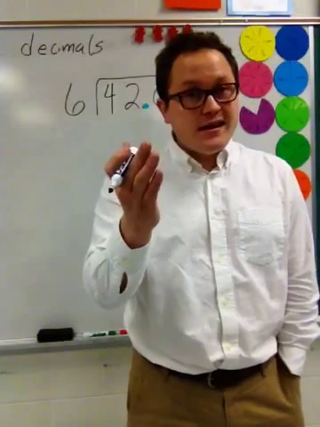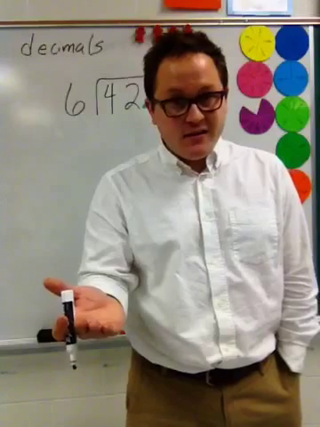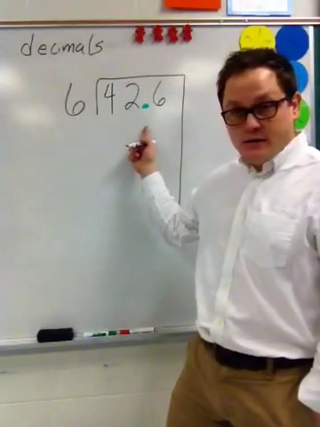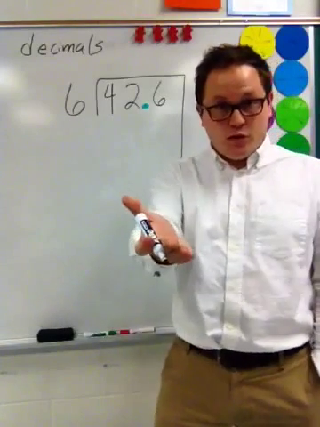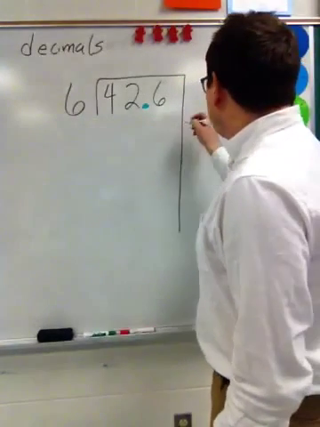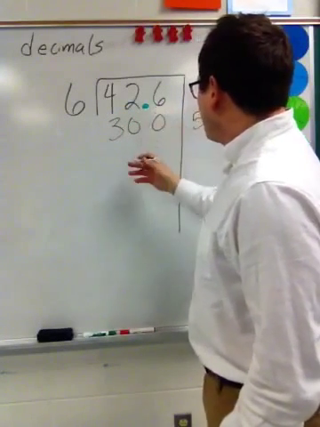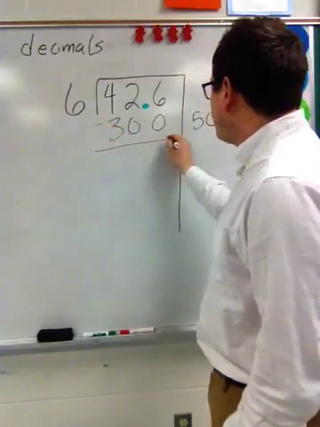So that would mean 6 times 50 would be 300. We're getting closer, right? We'll do that. 6 times 50 is 300. Why not? And then we'll subtract it out.